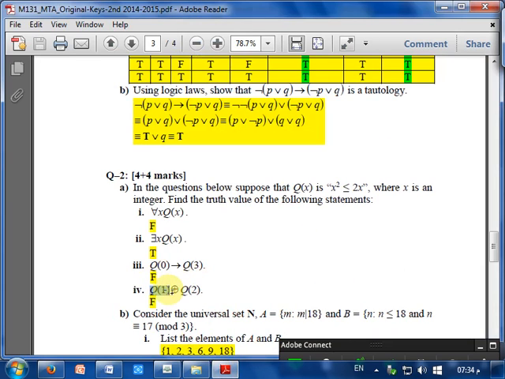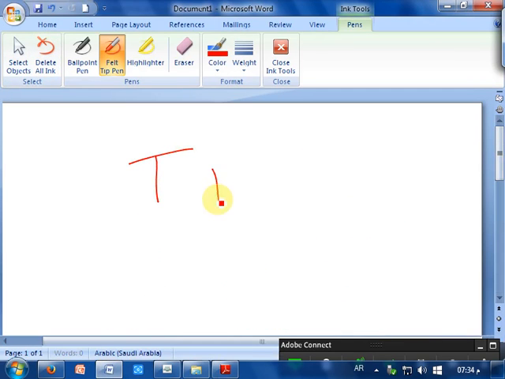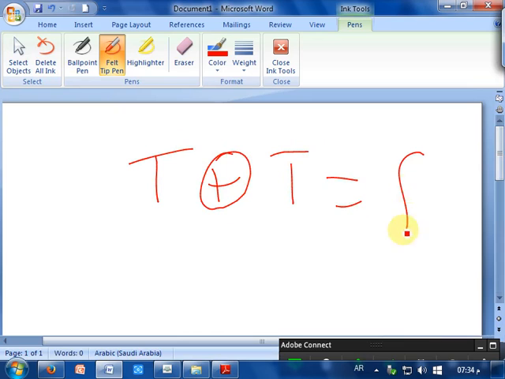Then Q of 1 exclusive or with Q of 2. What is Q of 1? Yeah, it is true. And Q of 2 is also true. Then true exclusive or with true is false.